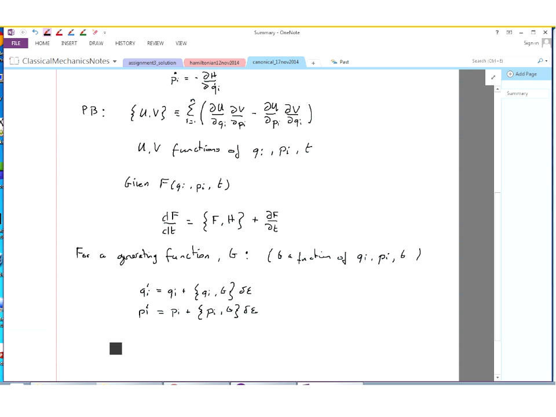And then the more remarkable thing is, we found that if the Poisson bracket of H and G equals 0, that means H is invariant to the transformation.